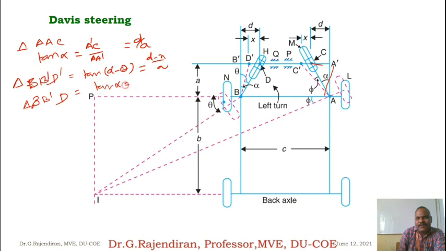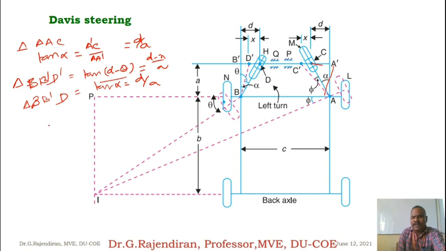Tan alpha is equal to d by a. So from this we can say that the first case here, alpha.